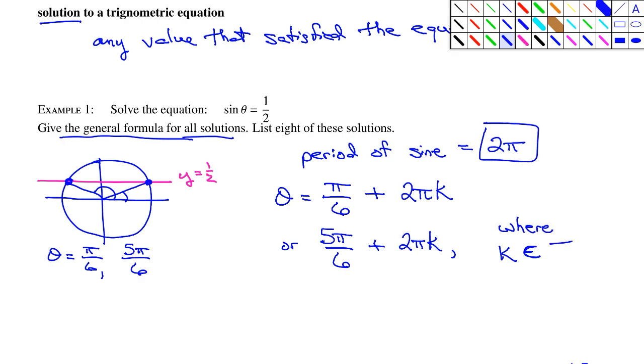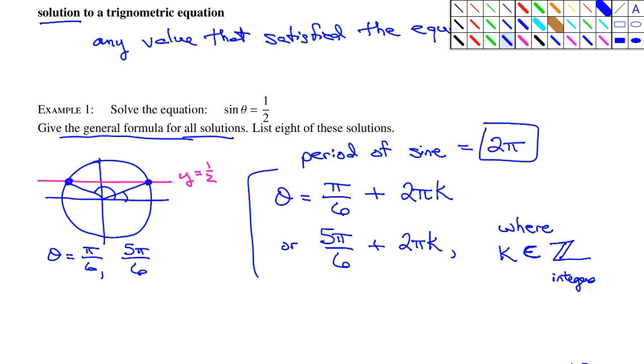And then I'm going to use the fancy Z symbol. The fancy Z symbol stands for the integers, which means k can be any integer. It could be a positive integer, negative integer, could be 0, which just wipes that out. But that allows me to have multiple complete rotations around the circle and then add it to either pi over 6 or 5 pi over 6.